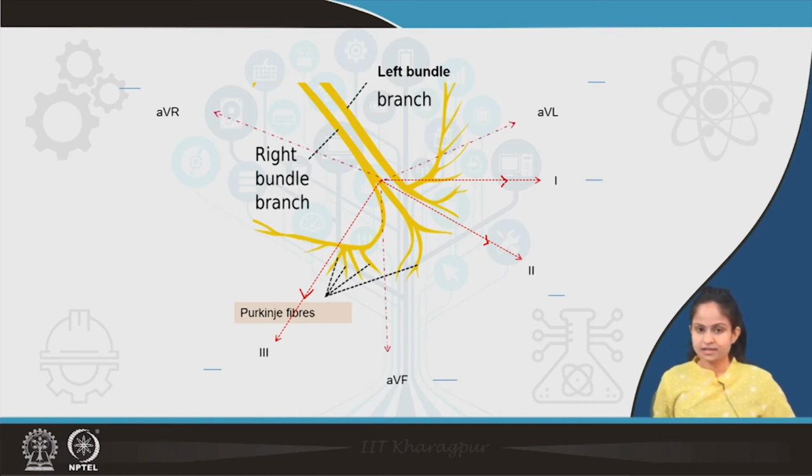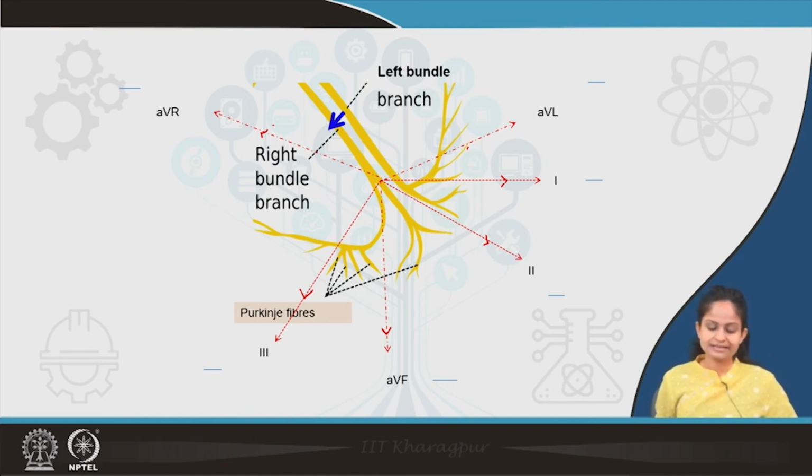These are the augmented limb leads: AVL minus 30, AVF plus 90 and AVR minus 150 degree. Now, ventricular depolarization occurs in 3 parts. The first is the septal depolarization, the second is the maximum myocardial ventricular depolarization, and then we have the basal depolarization of the heart. The directions are different.